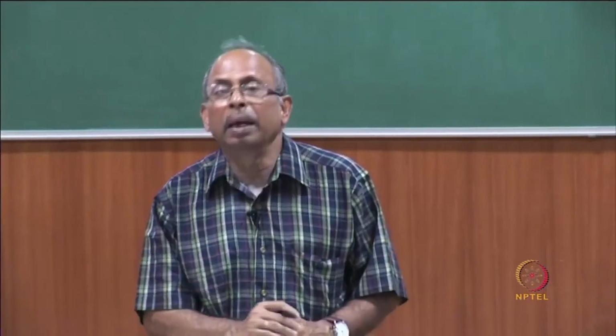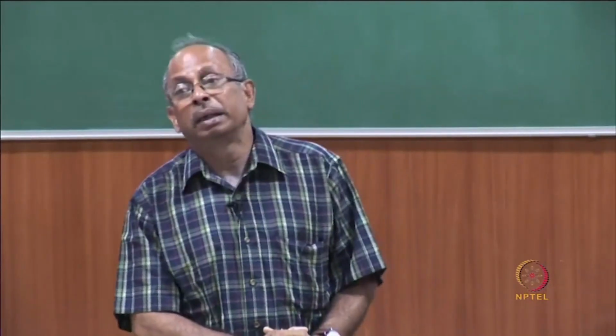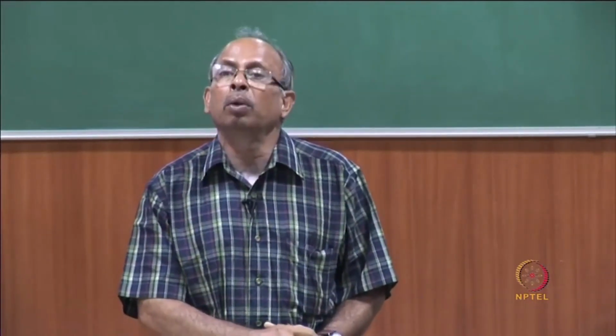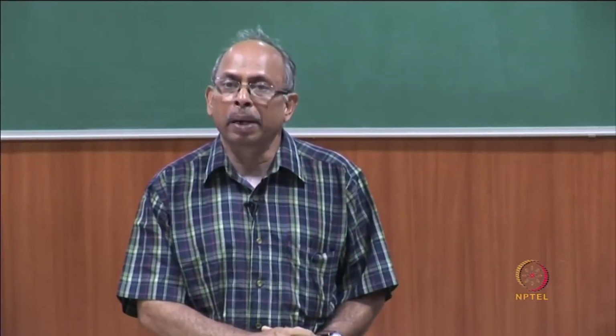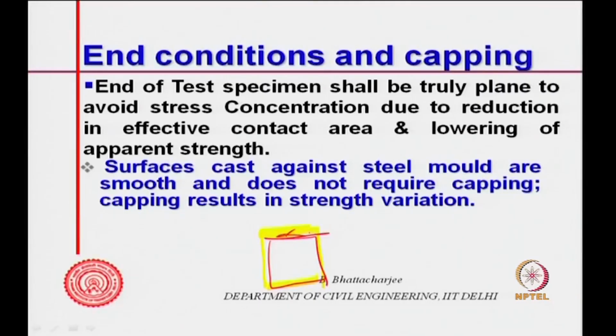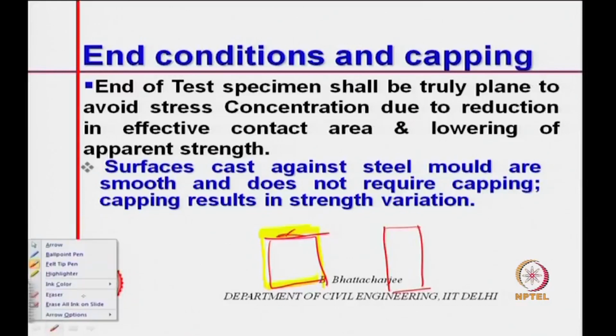So, this will remain by and large plain if my molds are standardized and properly made within tolerances. While we can do this for cubes, a cylinder you cast like this, so this surface is always exposed.